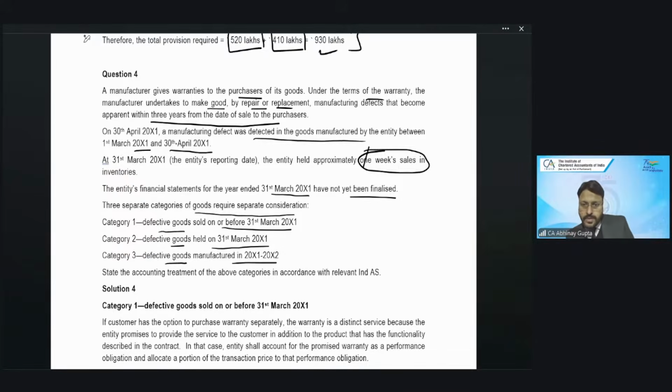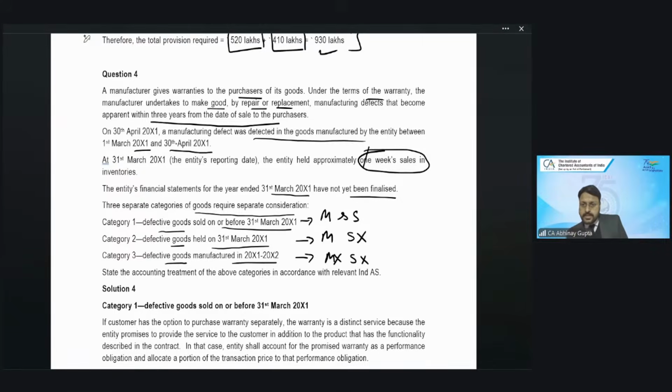Okay. So let me give you more clarity. This is manufactured and sold in the year. This is manufactured but not sold during the year. And this is neither manufactured nor sold in the year, right? So manufactured after the year end, right?